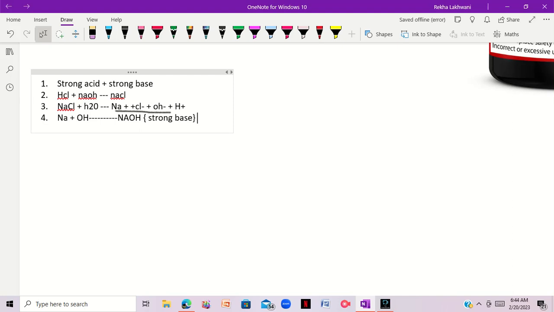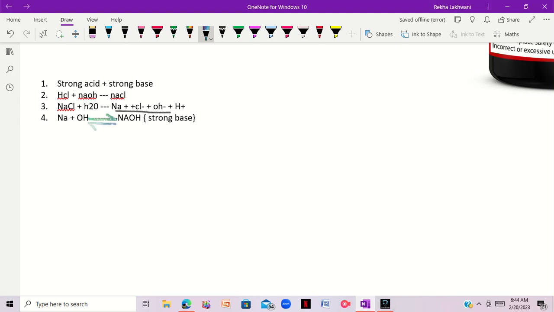As you know, we can't find equilibrium or Kc in strong acids and strong bases, as their Kb is very high. We'll talk about Kb and Ka too. But this NaOH is a very strong base. It will not remain in the state of NaOH in aqueous solution. It will try to dissociate into Na positive and OH negative ions. So it means the reaction will be something like this. There will be an equilibrium.